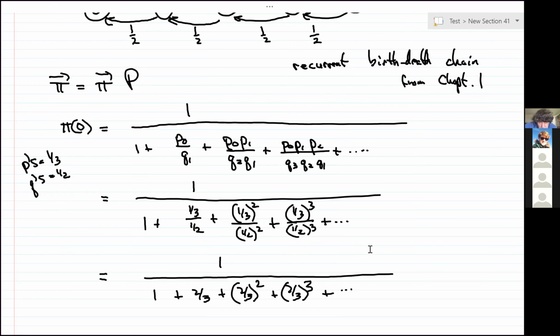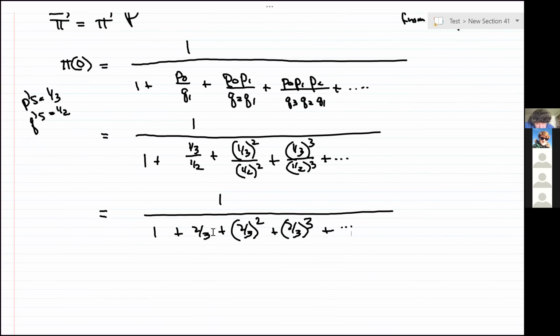Okay. And I sort of picked this so that I can tell this is a convergent geometric series. Because anything that looks like 1 plus x plus x squared plus x cubed, etc., forever, is 1 over 1 minus x whenever x is between 1 and -1. But x is 2/3, so x is between 1 and -1. So this thing converges.